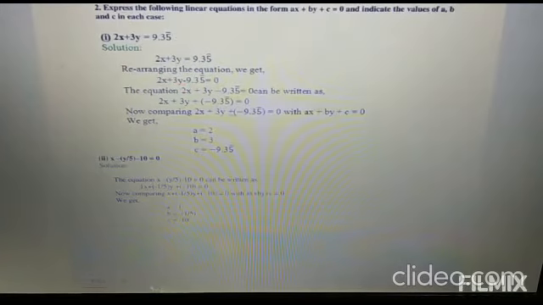So we will write plus minus 9.35, like it is written here. Now we have found all the things. ax plus by plus c is equal to 0, so the value of a would be 2, value of b would be 3, and value of c would be minus 9.35. Okay guys, that's all.